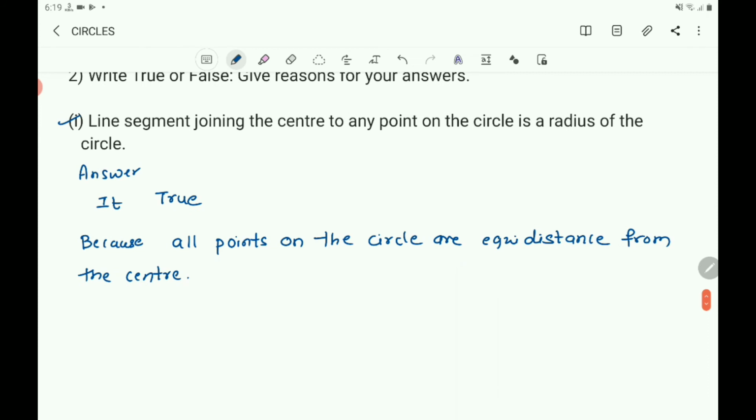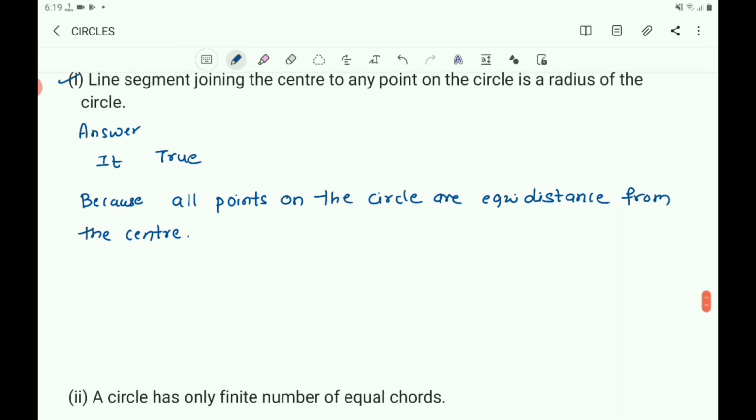All points on the circle are equidistant from the center. So line joining the center to any point on the circle is radius of the circle.